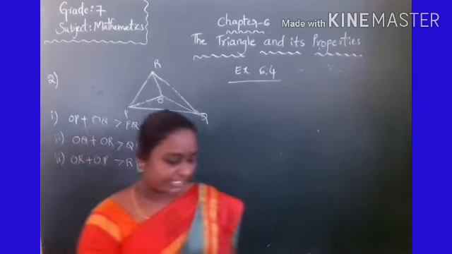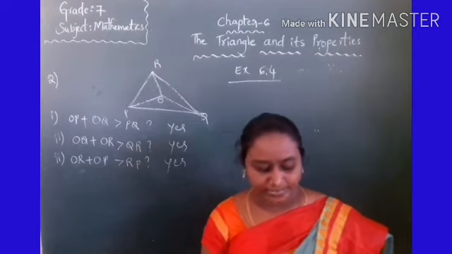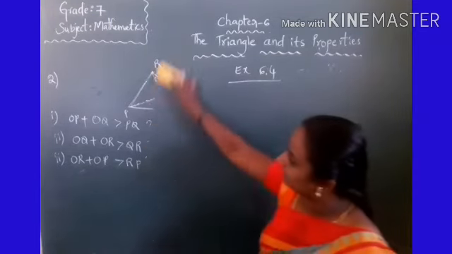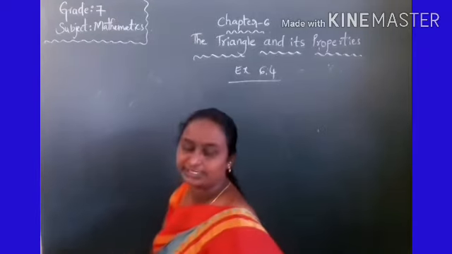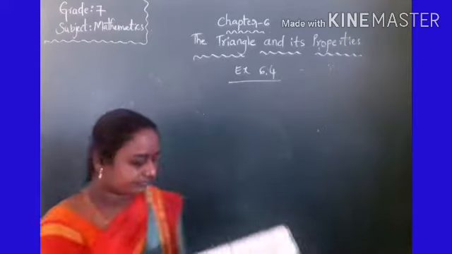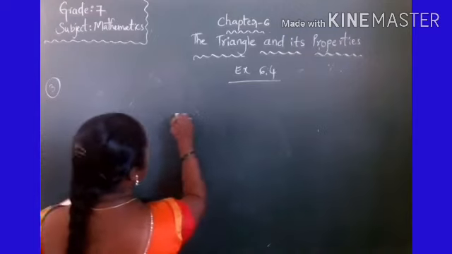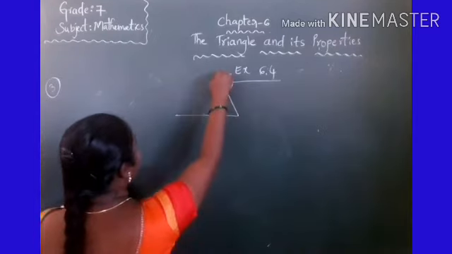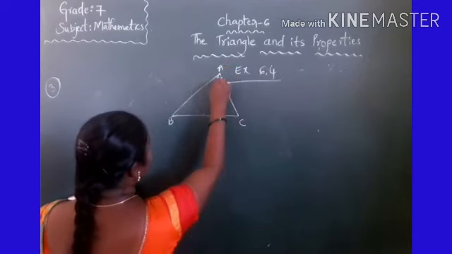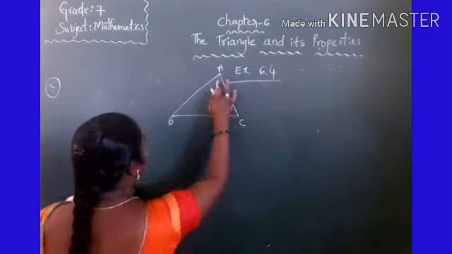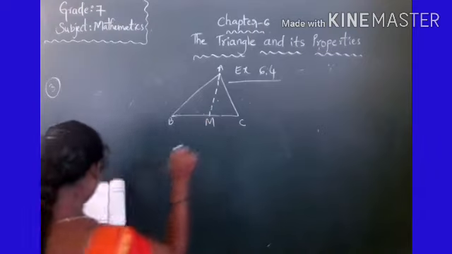Next one, AM is a median of triangle ABC. So here, the third one, ABC is a triangle, and here AM is the median.